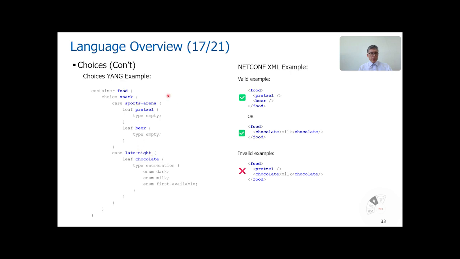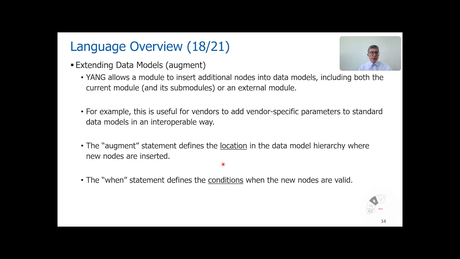Depending on that, we can select the case. In the XML case, it is just pretzel and beer, or just chocolate, but not both. Because the choice statement is just a schema point of view structure, in the instantiation case just one of them, one case variable, should be selected.